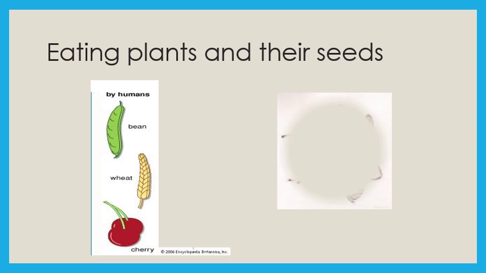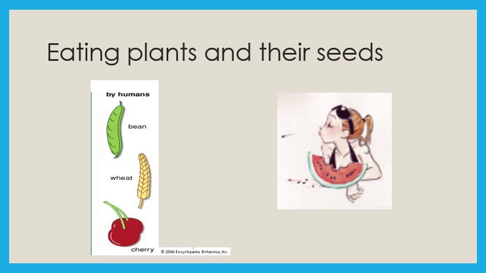And just like what we saw earlier, this girl, she's eating her watermelon. She's eating it, and then the seeds get in her mouth, so she spits them out. So we are helping with seed dispersal as well. We grab those seeds and we bite them and spit them out somewhere, or we disperse them with digestion as well.